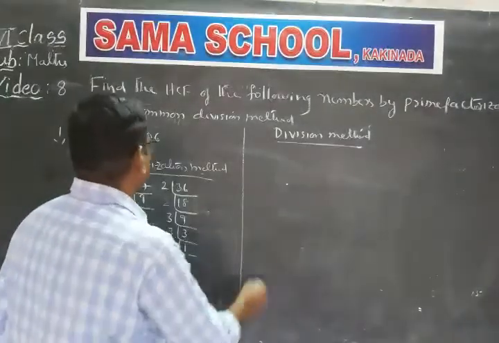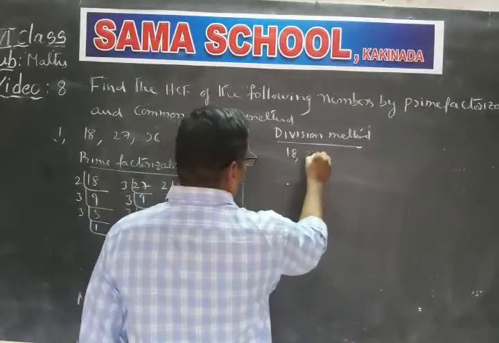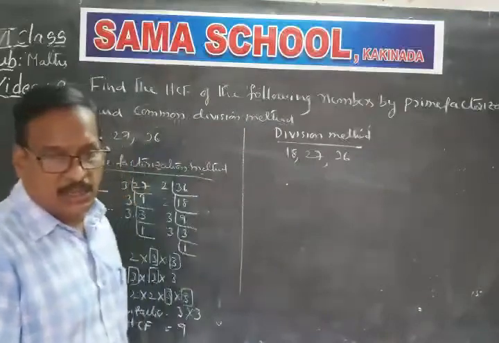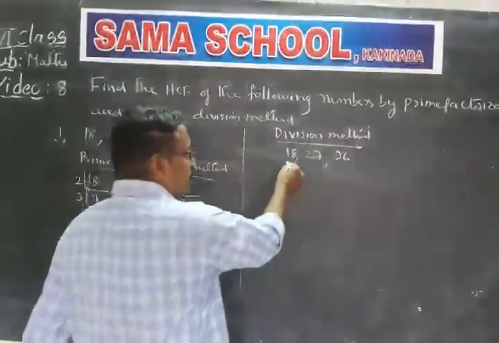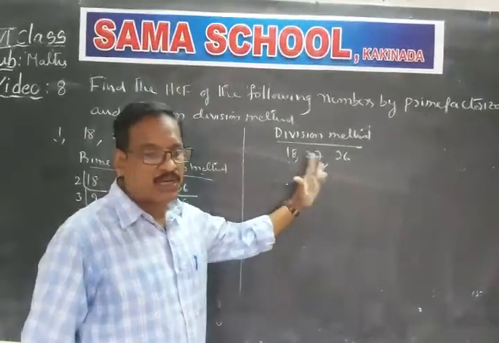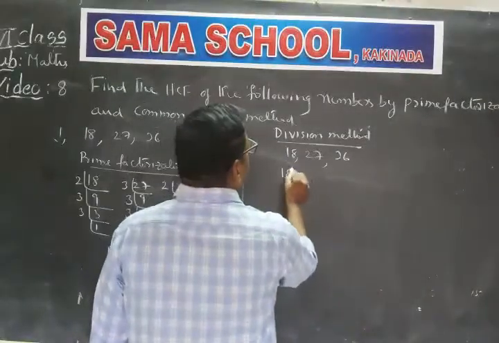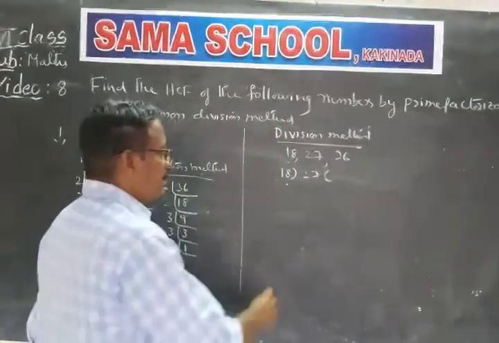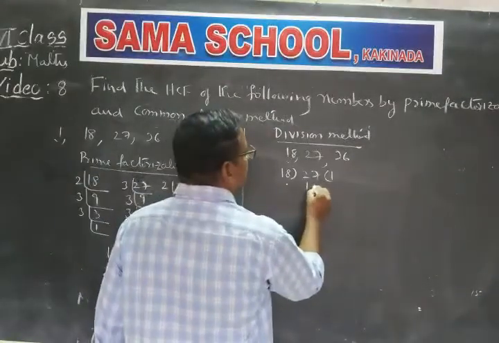Now the division method. Same given numbers: 18, 27, 36. First, take the small number and the big number: 18, 27. 18 ones are 18.